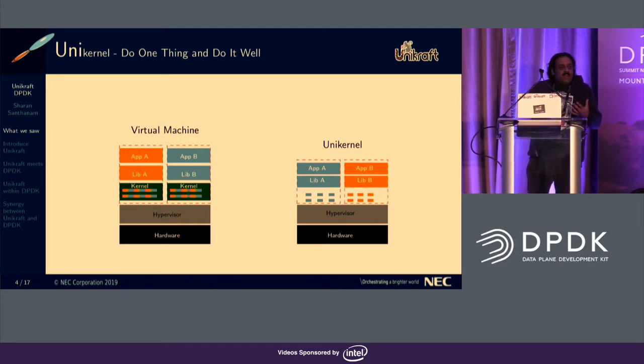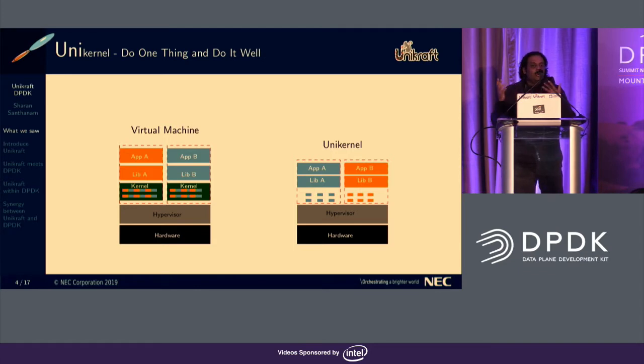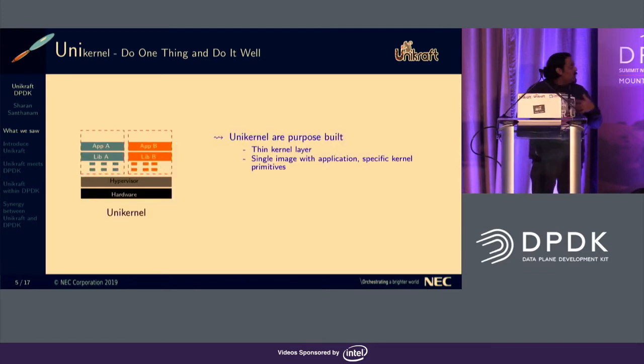What does a Unikernel really look like? Essentially, we have a minimal kernel embedded into the application. So you have a thin layer where the application developer, depending on his use case, picks and chooses whichever kernel primitives he needs and builds them into a single application image, which has both the kernel libraries as well as the application code.